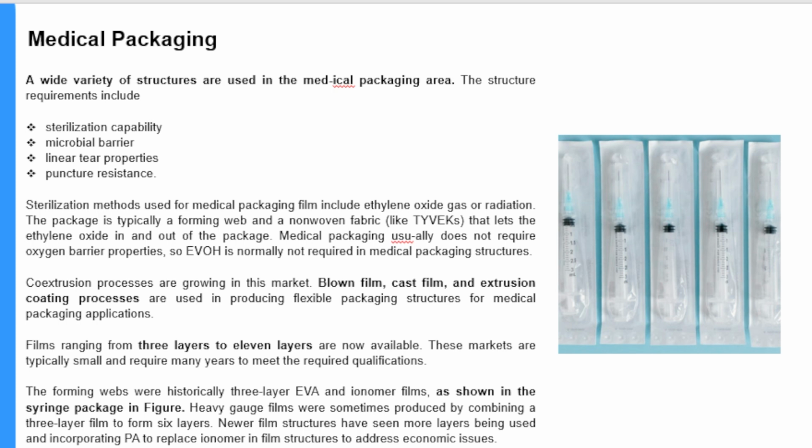The forming webs are historically 3-layer EVA and ionomer films, as shown in the syringe package on the right in the figure. Heavy gauge films are sometimes produced by combining 3-layer films to form 6 layers. Newer film structures have seen more layers being used, incorporating PA to replace ionomer in the film structure.